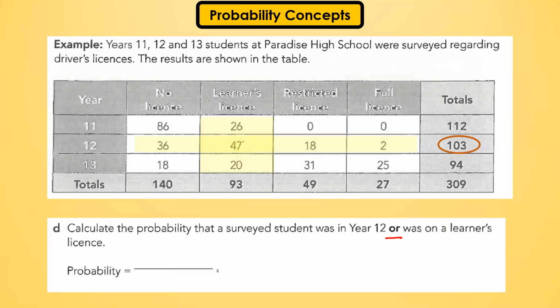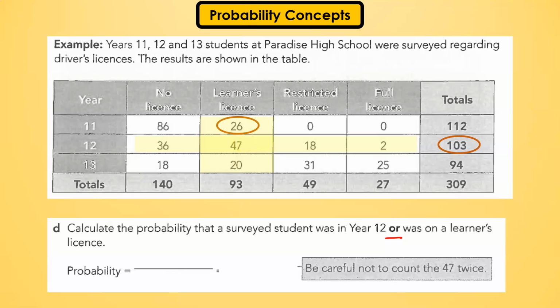So it's going to be 103 plus those values. But what we have to be careful of is that we don't count 47 twice. You see, that's included in Year 12 and it's included in the learner's license. So we end up with that as our value.